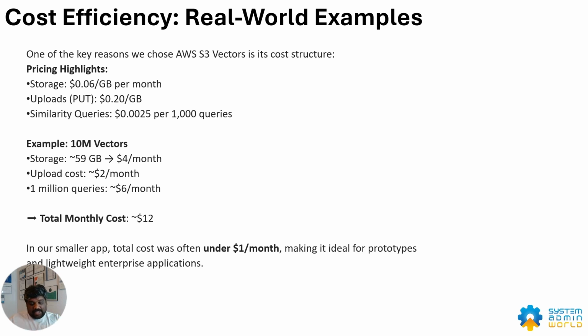That way you can create your own cost estimate. You can go to the AWS cost explorer, put in all these numbers, and you'll get your answer on how much it will cost monthly. So this is how S3 vector helps you reduce your cost in your RAG implementation, or query your backend data stored in S3 through the Bedrock generative AI services.